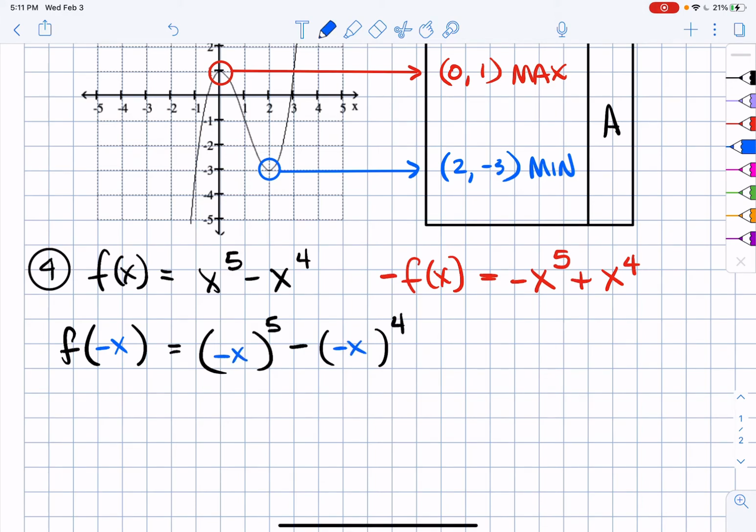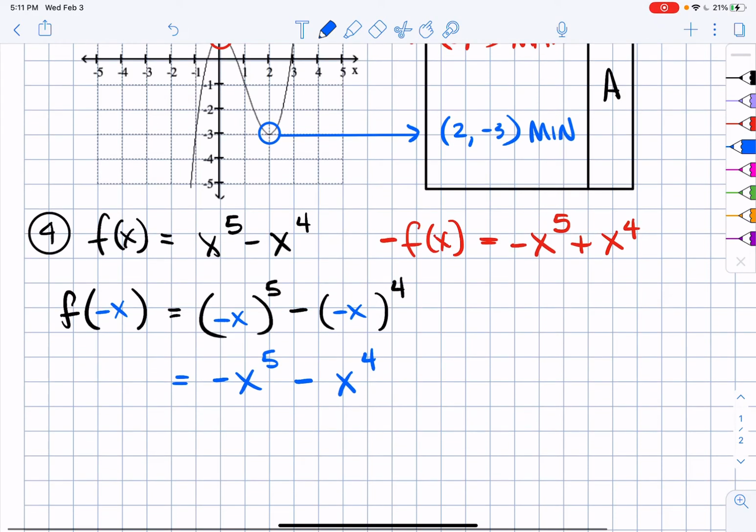So what am I going to get? Negative x raised to the 5th power is going to give me a negative x to the 5th. And this is going to be minus negative x to the 4th, which is going to be a positive x to the 4th, right? But the subtraction is still there, and it doesn't look like either thing.